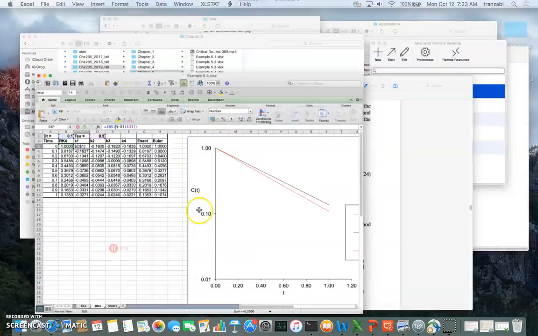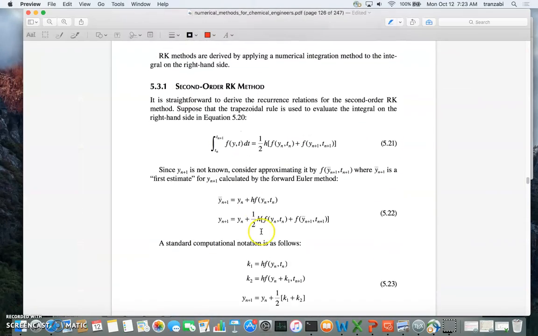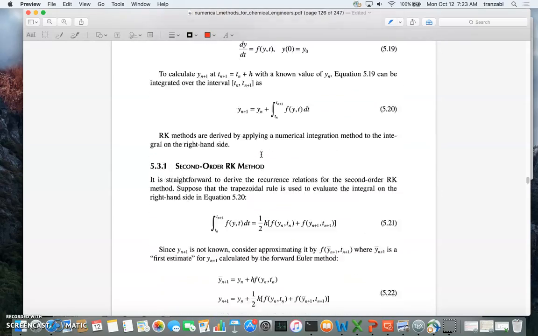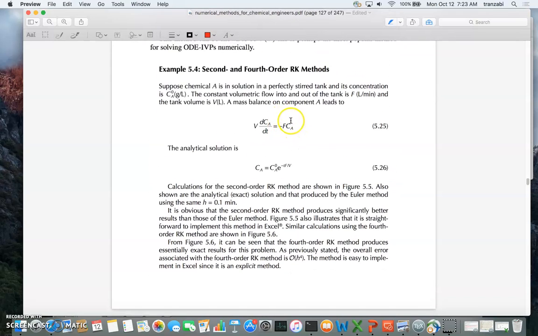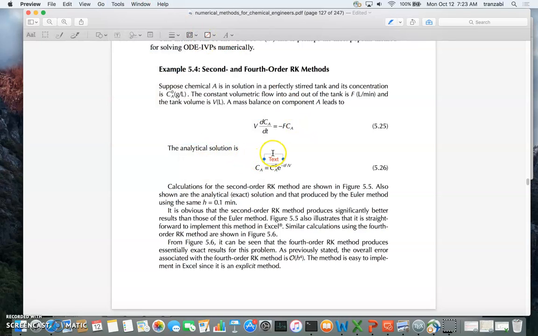So what is the function? The function is the right-hand side of my differential equation. What is the right-hand side of the differential equation? In example 5.4, the right-hand side is c divided by tau. So let me write it here, so we remember it every time we get back to this equation.